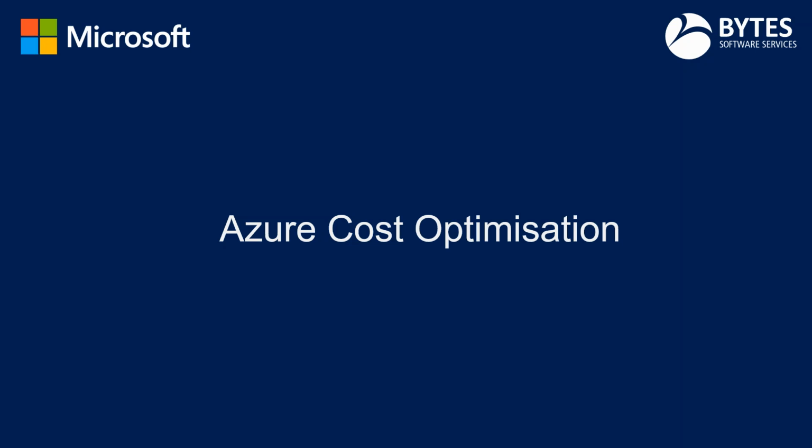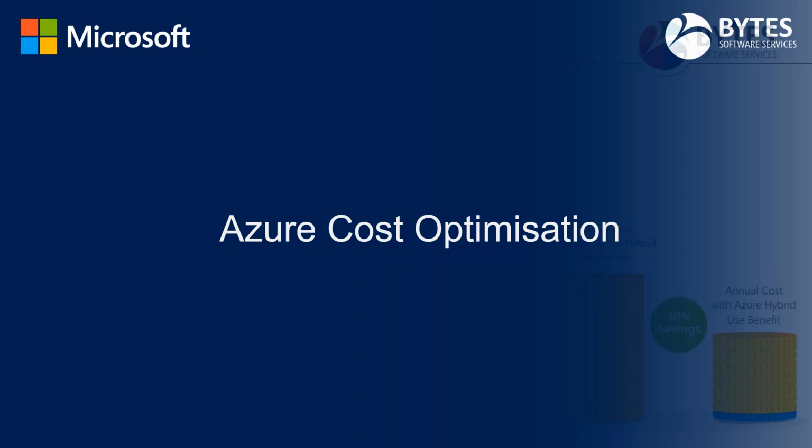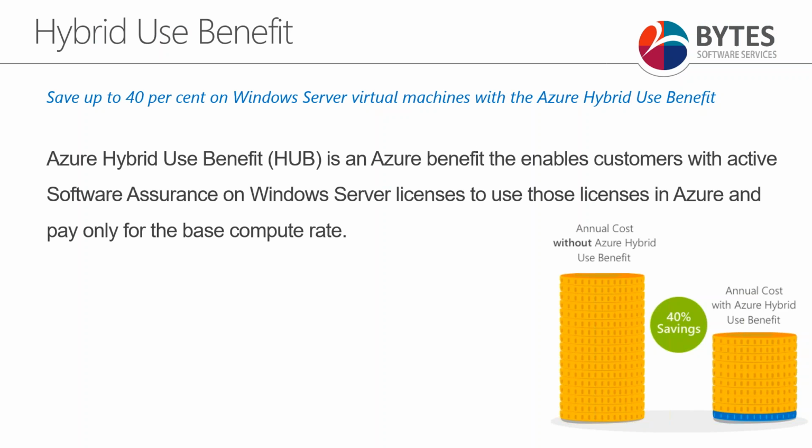So I'm just going to talk through some ways to reduce costs specifically around Azure. The first one I'm going to talk through is the Azure Hybrid Use Benefit. This is an Azure specific benefit that enables customers with active software assurance on Windows Server to use those licenses in Azure and only pay for the base compute rate.